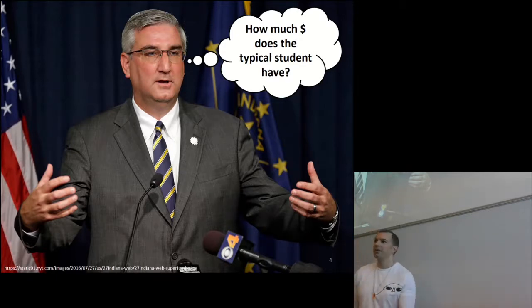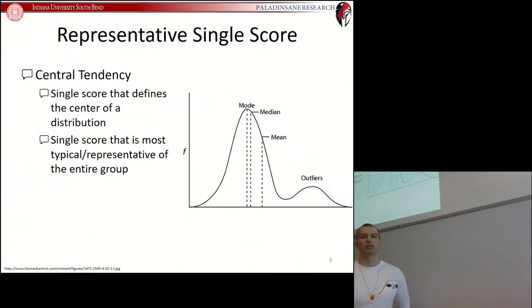For example, if the governor of Indiana wanted you to tell him how many monetary resources the typical university student has in Indiana, he doesn't want to hear about the tens of thousands of data points you got from surveying tens of thousands of students. He needs one number so that he can make sense of the situation.